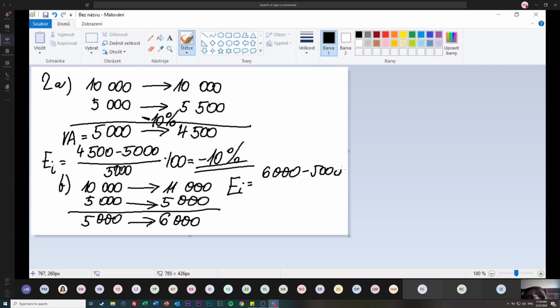There is the change in value added from 5,000 to 6,000. And you should understand that the effective tariff protection rate according to the formula is 20%. It's increased 20%. And I have told you that the situation of producers in the clothing industry, garment industry, is now much better.